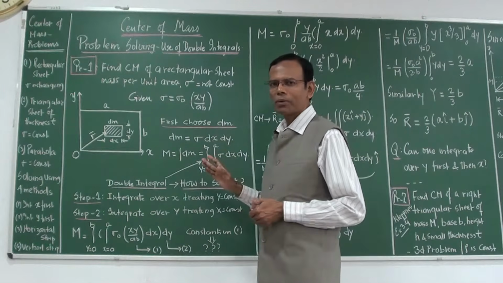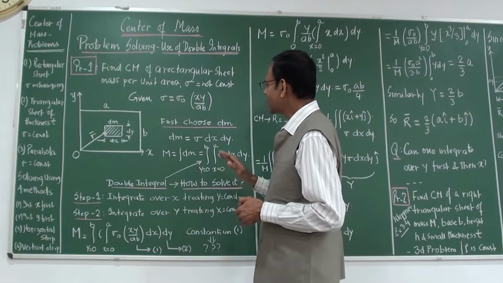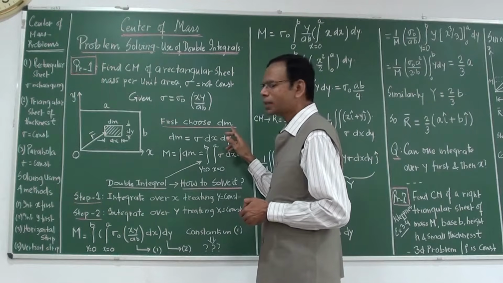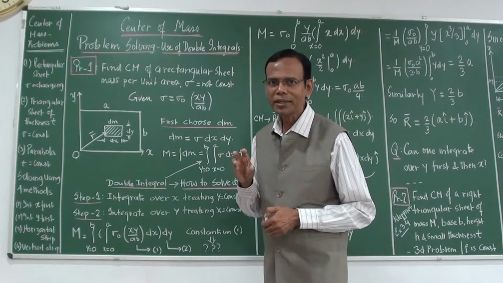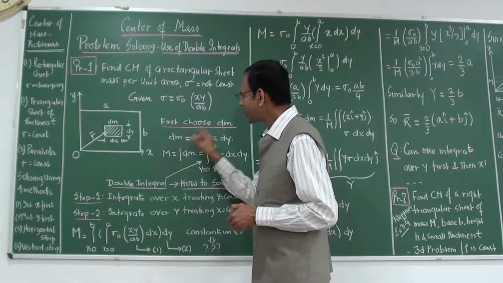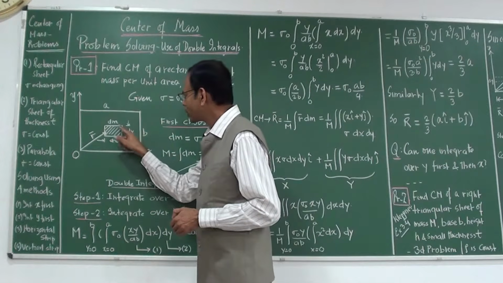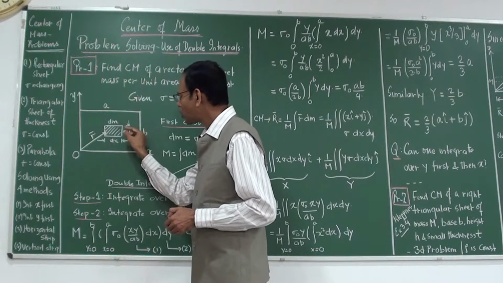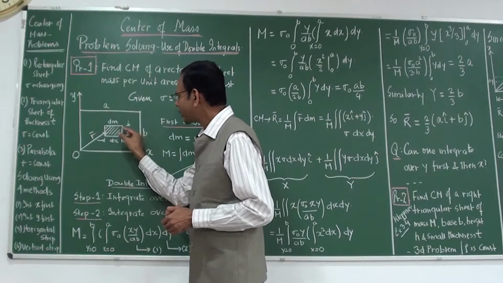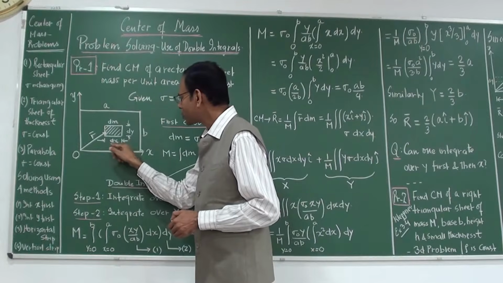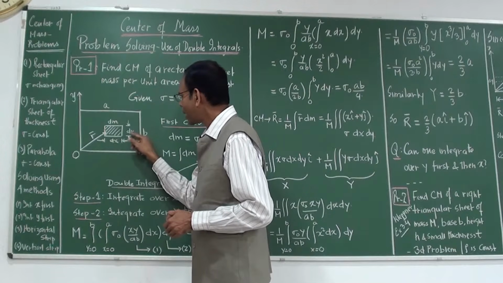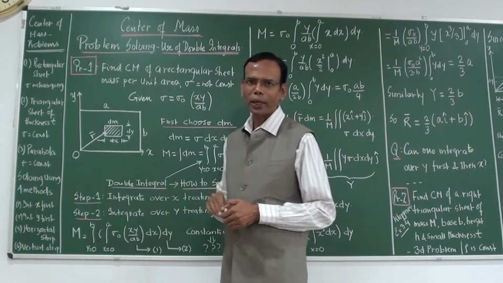Now, in all our problems, we have seen that first we see what actually our dm is. For that dm, we choose a small incremental area, a mass dm, having its dimension dx along x and dy along y.